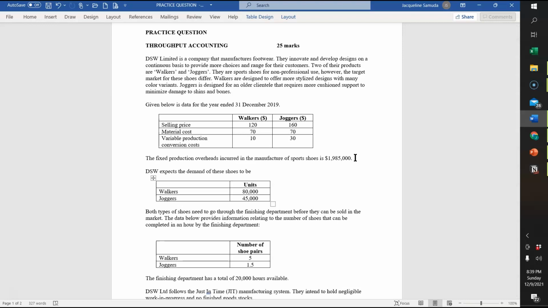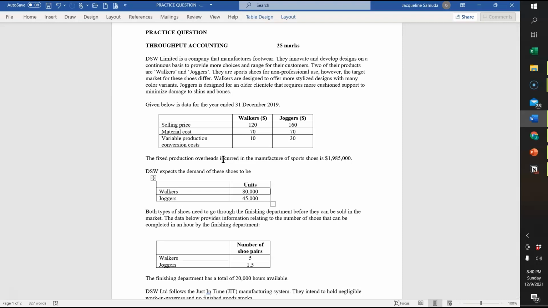So in essence, the factory cost will be made up of the variable production conversion cost as well as the fixed production overheads. All right?